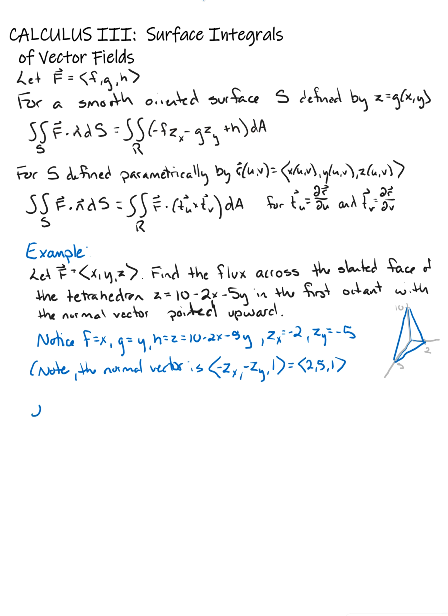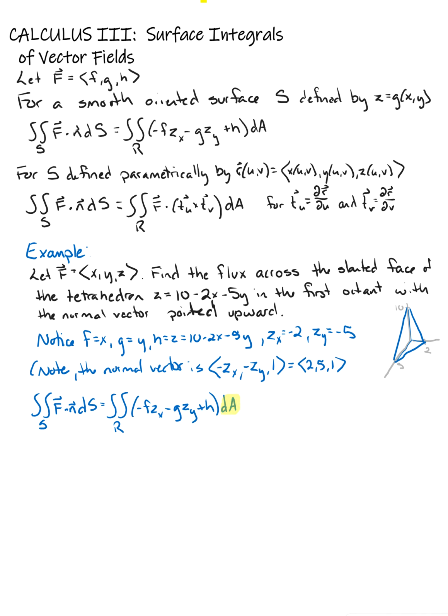So our surface integral, F dotted with n dS, we're going to write as the double integral over our region R of negative f times the partial of z with respect to x minus g times the partial of z with respect to y plus h dA.